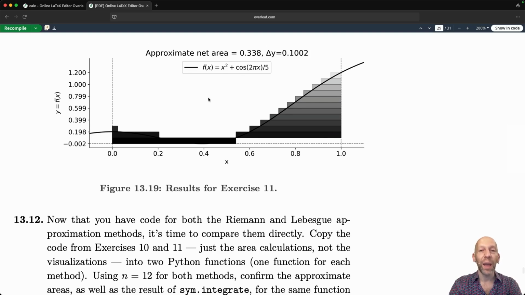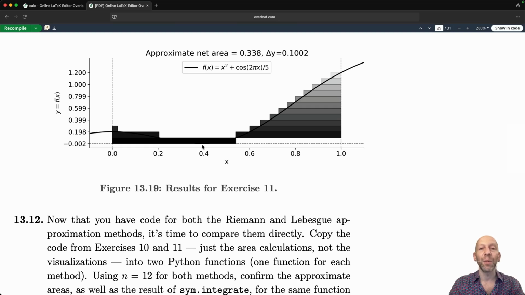So to be able to discretize the range of this function, what you need to do is evaluate the function within the x-axis bounds, or within the integration interval. So you can do that with 1,000 points. So evaluate this function at 1,000 points between 0 and 1, and that's going to give you a high resolution for y.